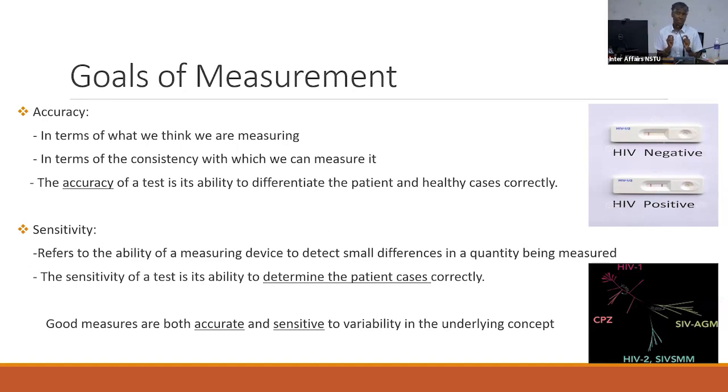And this tool needs to be sensitive to differences in viral load among those individuals who are HIV positive. So for a good measurement instrument, it needs to be both accurate as well as sensitive.